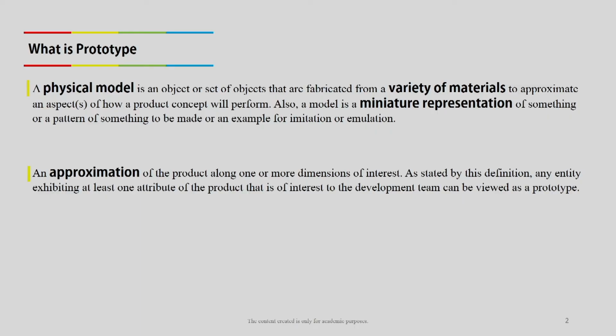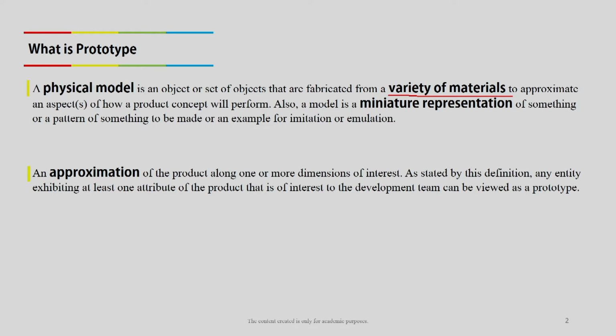Let us discuss first what is a physical model and what is a prototype. A physical model is an object or set of objects that are fabricated from a variety of materials to approximate an aspect of how a product concept will perform. Here you should keep in mind that a physical model is made up of a variety of materials.